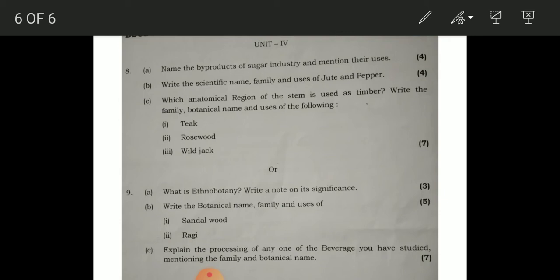If they ask for a definition, write the definition properly. If they ask for diagnostic characters, write only the important features of that particular family. Don't write root, stem, leaf. Mention the proper diagnostic characteristics of that particular family.